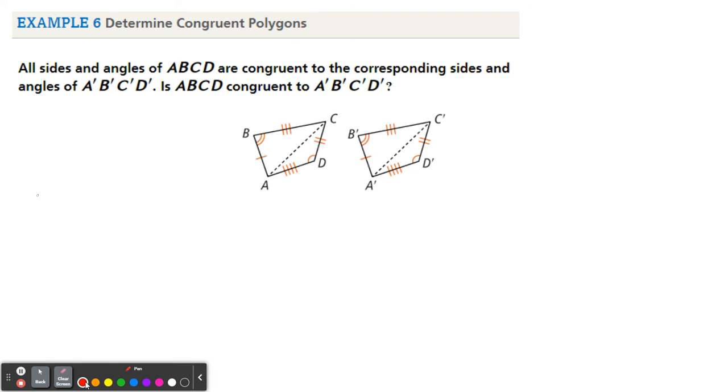All right, so step 1. We're going to identify the congruent triangles. So we know in this picture that triangle ABC is congruent to triangle A prime, B prime, C prime because of side, angle, side, right?